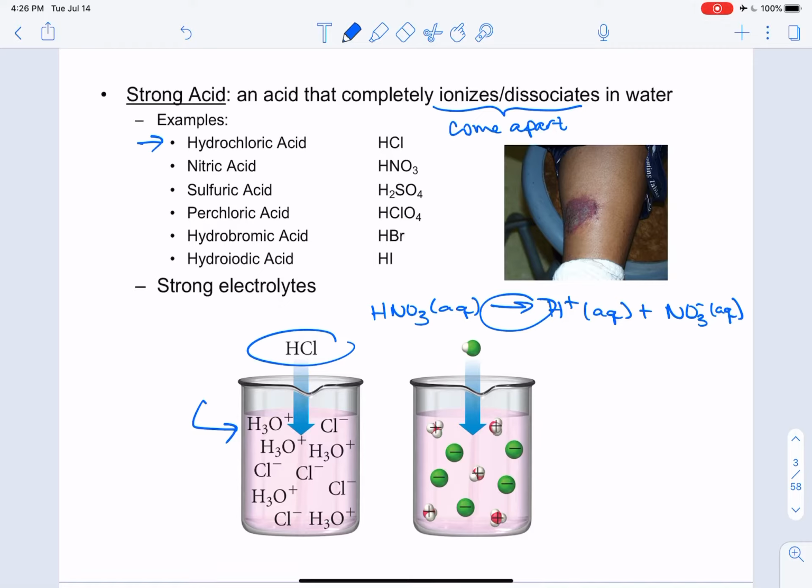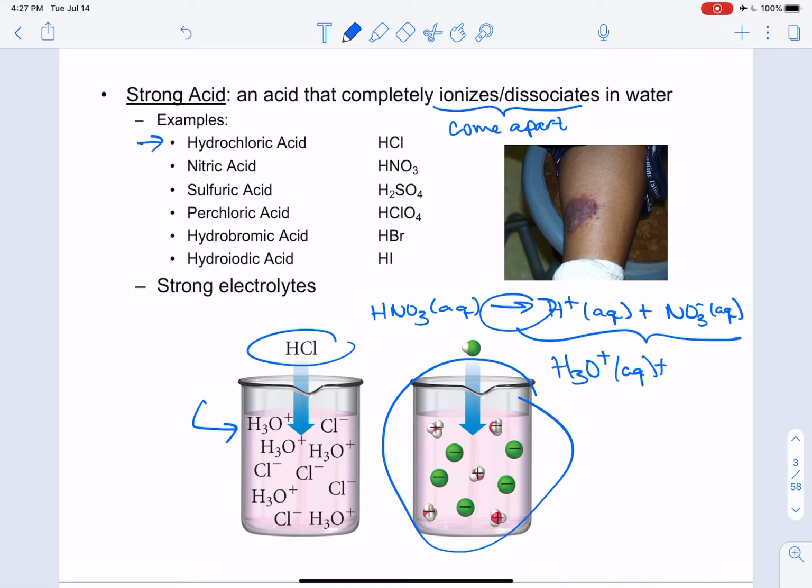Okay. Now, if you don't like the H3O plus and the Cl minus written in letters, here's a picture of it right here. Also, another way that we could write this is H3O plus and our nitrate ion over there. So yeah, again, you guys are just gonna have to get used to the H plus and H3O plus thing.